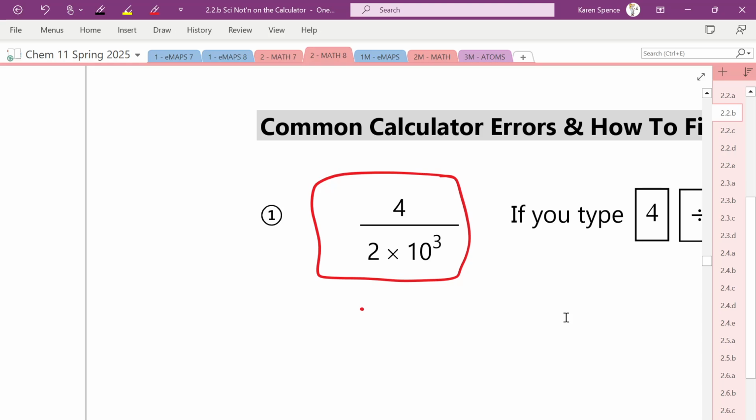So you should get 2 times 10 to the negative 3 or 0.002.